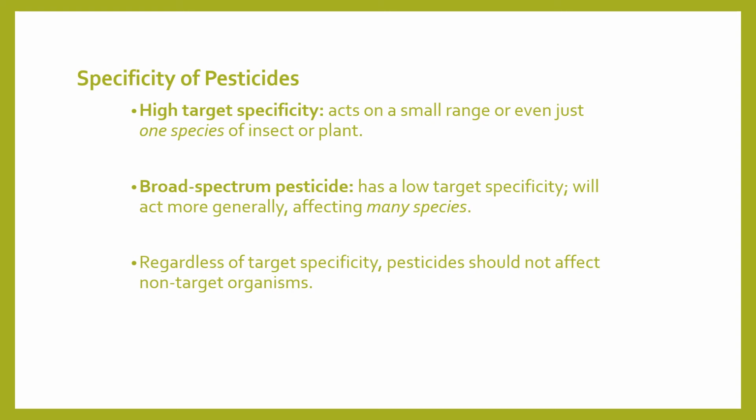Do you want a very precise target, or something very broad, that targets everything, acts very generally, and affects many species? Regardless, pesticides should not affect non-target organisms. So we need to think: if we have a pesticide, and say we want to kill all these insects, will it also harm organisms higher up the food chain?